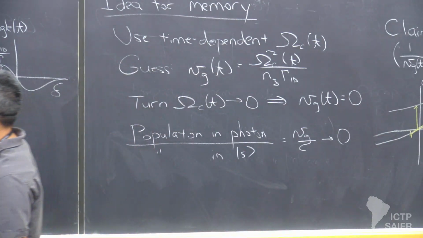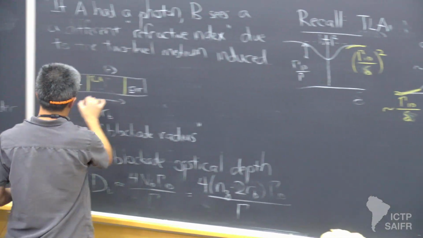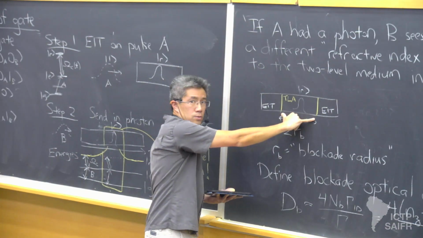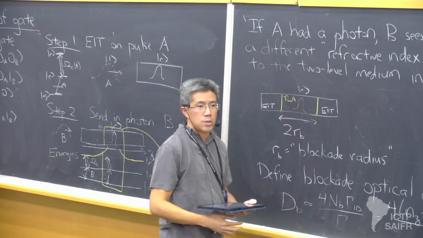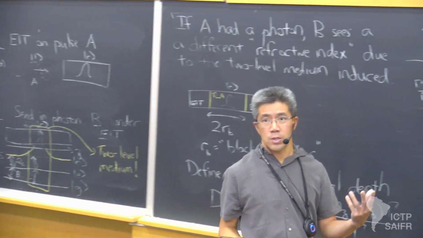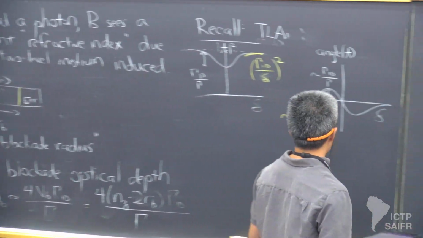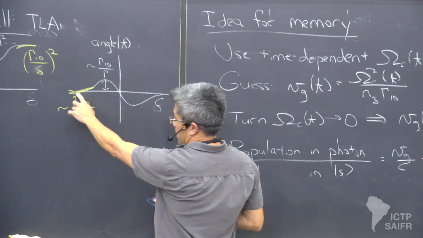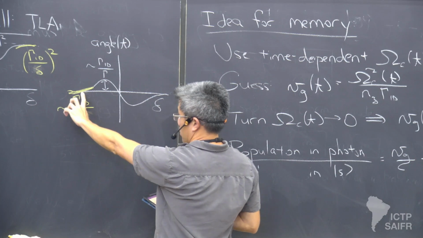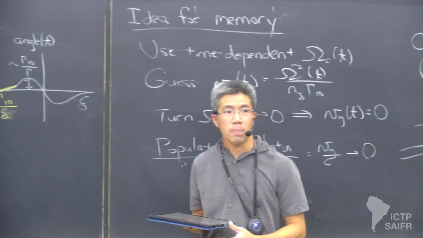So the strategy, if I want my photon B to pick up an extra pi phase shift here, is to send in photon B off resonance. When it's off resonance, for every atom it passes in this blockade region, it picks up a phase shift of gamma 1D over delta.